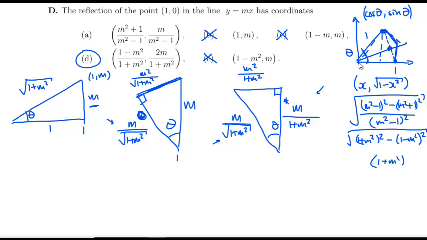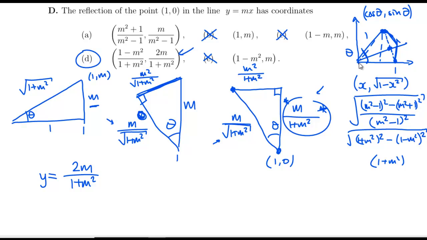So now we're doing this twice. This is what makes this interesting, because that gets us from our point 1, 0 here up to the point on the line. We have to do exactly the same triangle to get to the other point. So our y coordinate of the reflected point is going to be twice this, twice that side. So it's going to be 2m over 1 plus m squared because we were starting from 0. So that's given us that y coordinate.